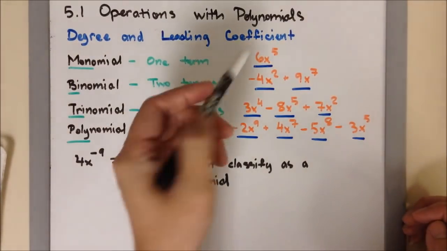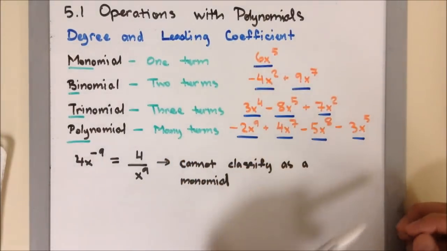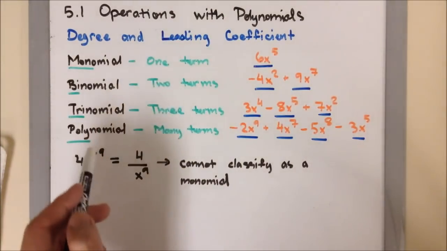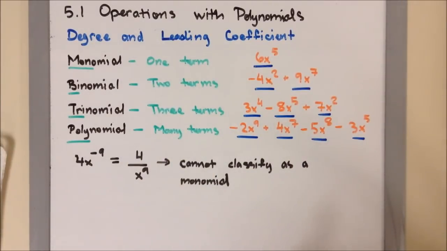So when you're classifying, make sure that your exponents are positive. If in the event they are negative, that means cannot be classified as a polynomial, cannot classify as trinomial, cannot classify as binomial, cannot classify as monomial. That's all you have to say. If you do have positive exponents, then yes, you can classify them based on how many terms you have. But again, if in the problem you're given negative exponents, simply say you cannot classify them.